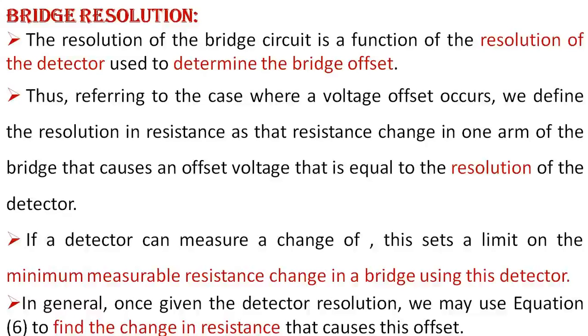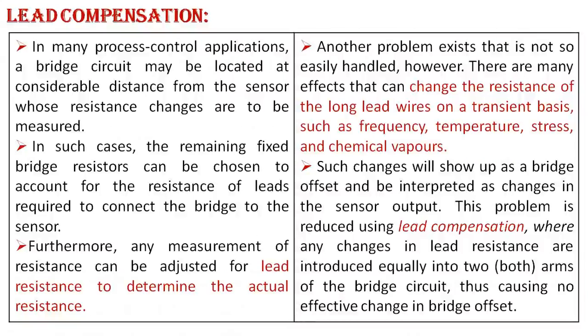This sets a limit on the minimum measurable resistance change in the bridge using this detector. In general, once given the detector resolution, we may use equation 6 to find the change in resistance that causes this offset.